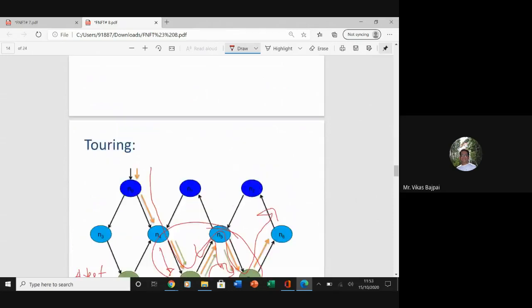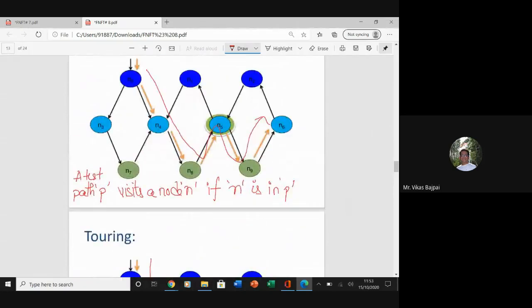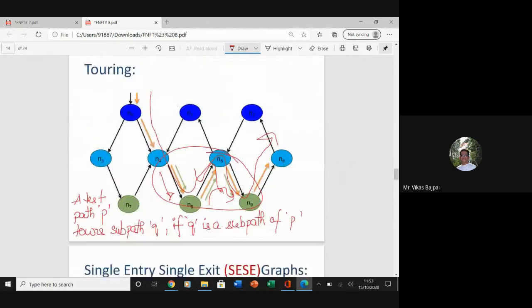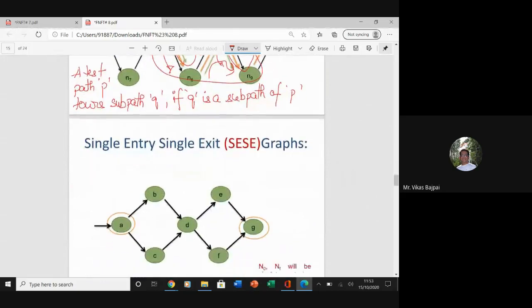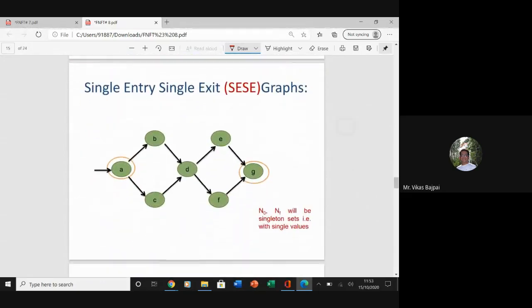Previously in case of visiting I was dealing with nodes. In case of touring I am dealing with paths. That's the only difference. So the last one is your SESE.